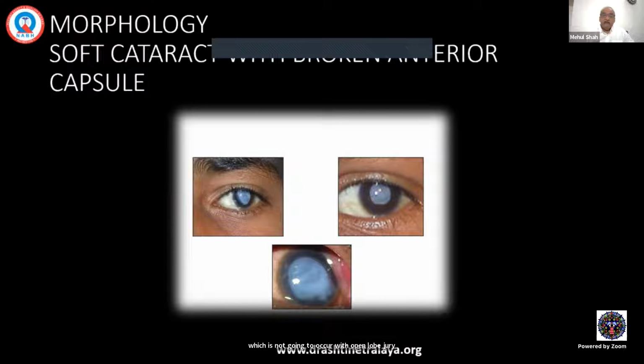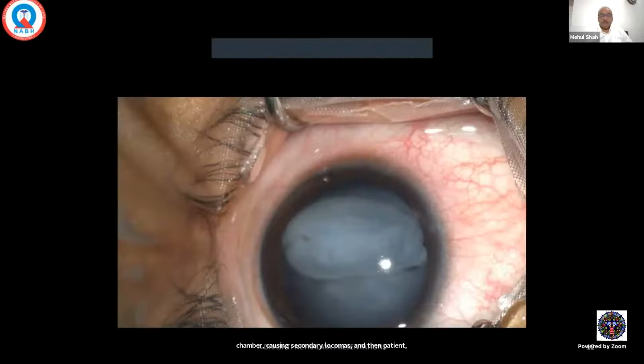With open globe injury, we may have penetration of the anterior capsule, with free, fluffy, flowing lens material into the anterior chamber, causing secondary glaucoma, and the patient may present with pain and high intraocular pressure.